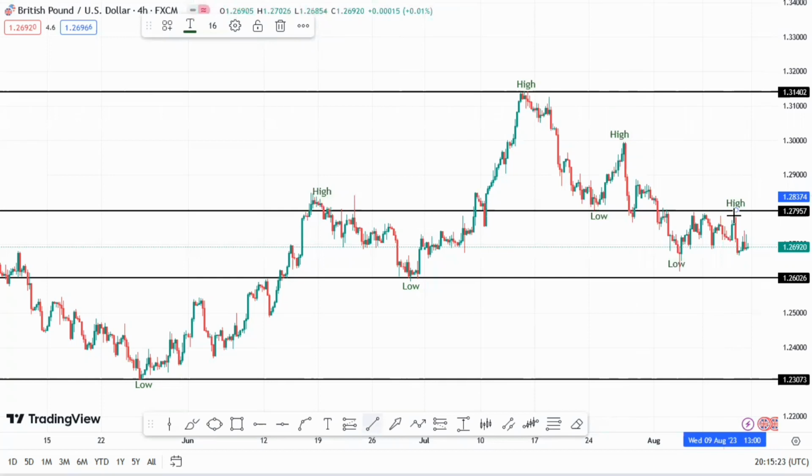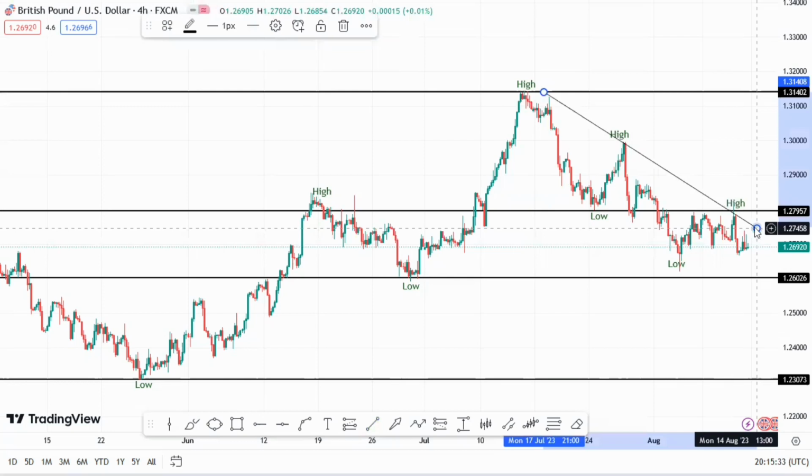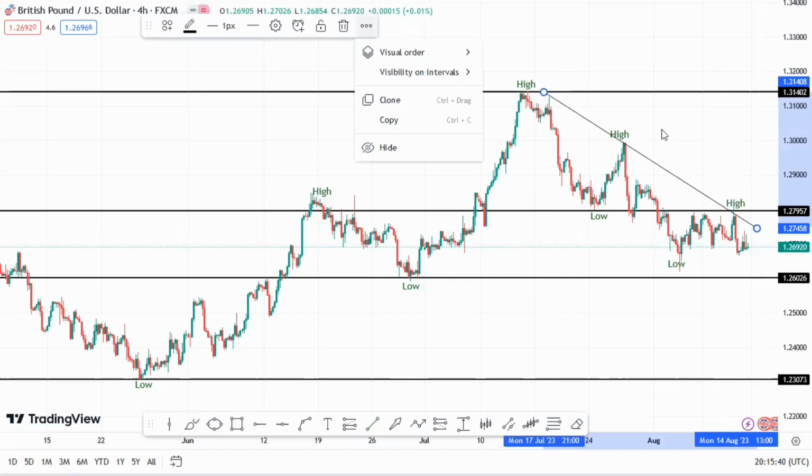Which is correct. Doesn't mean you have to see a trend by putting a trend line. You can see a trend by how these highs and lows are for me.